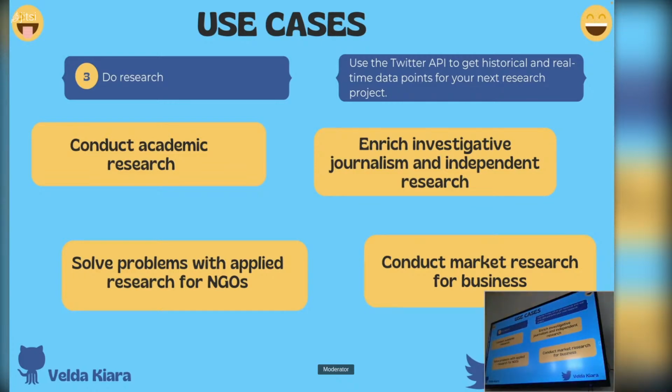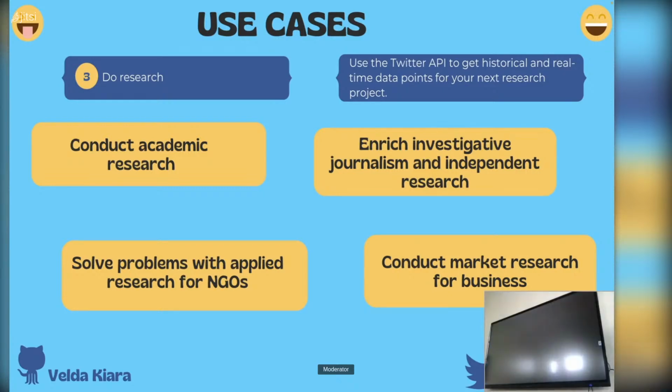For my undergrad, I think I did something on small scale businesses and loans. To have a good understanding, you could hold a poll for this on Twitter and then reference that as your secondary source of data. So this is how you can easily use Twitter for research, whether it's doing solutions for non-governmental organizations or conducting marketing research for your businesses.